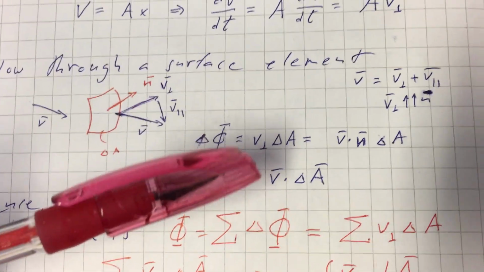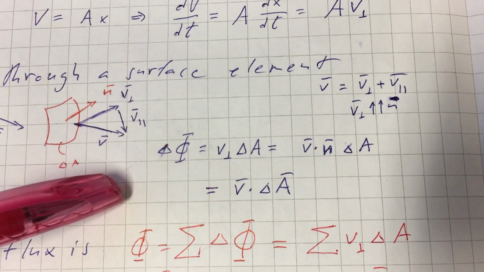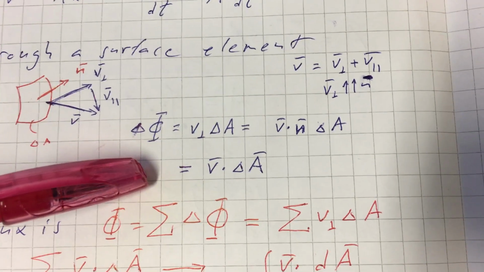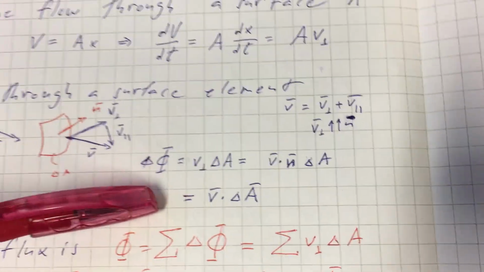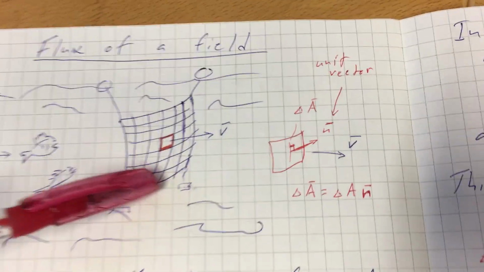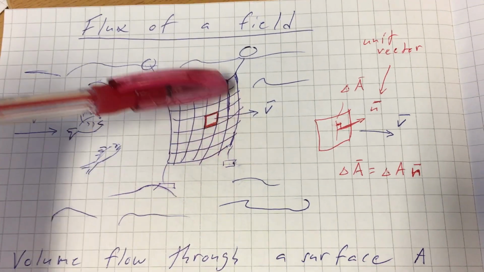And now that is just like the volume flow through this small surface element. So if you would like to calculate the total volume flow through this net here, you have to sum over all these surface elements.